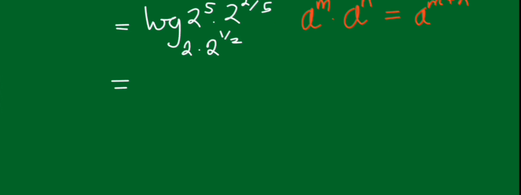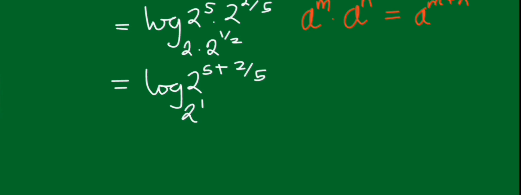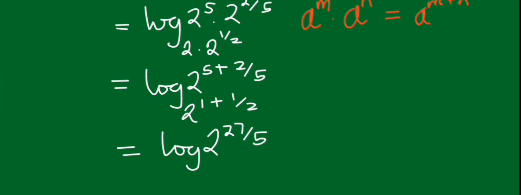That means we have the logarithm of 2 to the power of the sum of 5 and 2/5, while in the base it is 2 to the power of 1 plus 1/2. Adding this together, we have log 2 to the power of 27/5 and to the base of 2 to the power of 3/2.